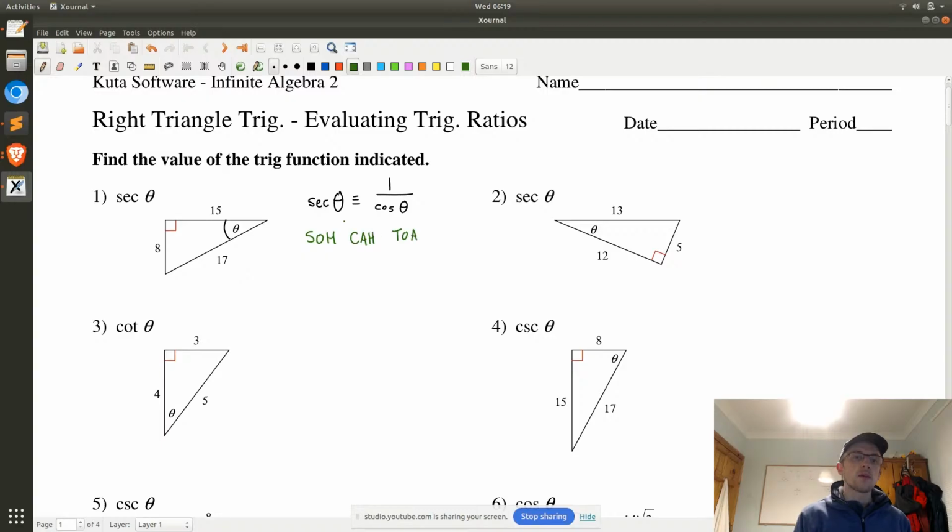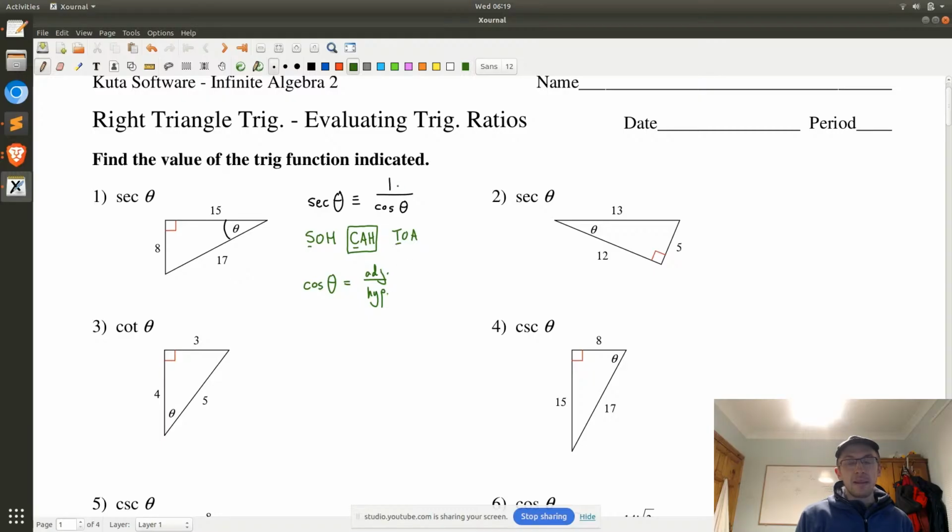So the right-angled functions that you already know are sine, cosine, and tangent. And that's the S, C, and T. And so SOHCAHTOA, CAH for cos, or cosine. And what this means is the cosine of theta equals the length of the adjacent side in the right-angled triangle divided by the length of the hypotenuse in the right-angled triangle.